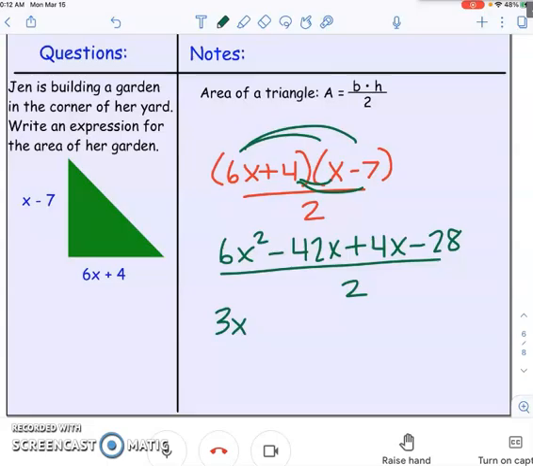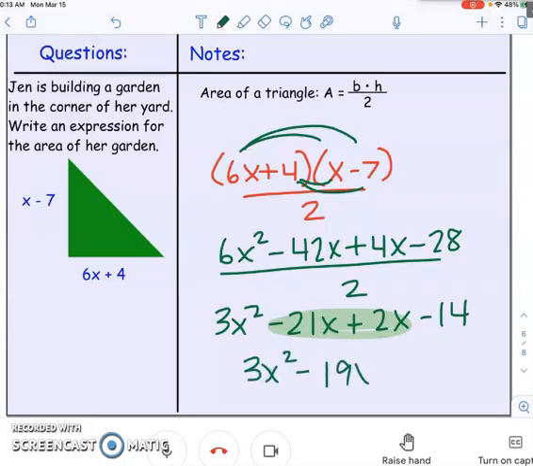So I can divide them all by 2 like this, and then combine my like terms. Negative 21 plus 2 is negative 19. So that would be the area of her garden.